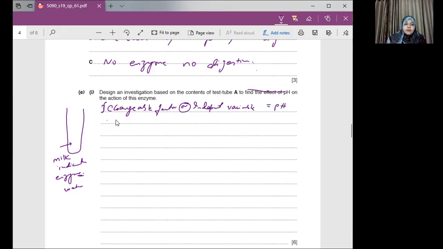Take 3 different pH values, that is 3, 5, and 7, right?